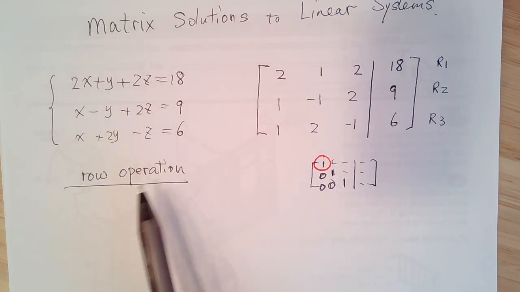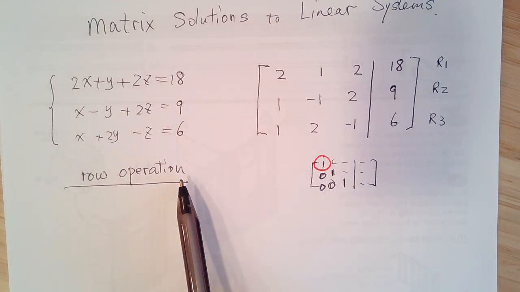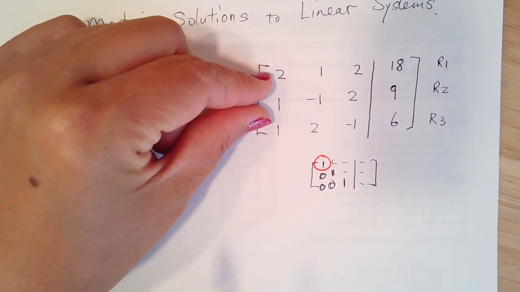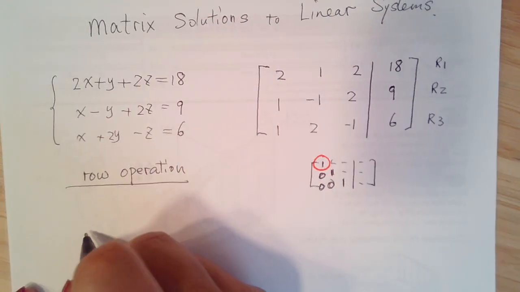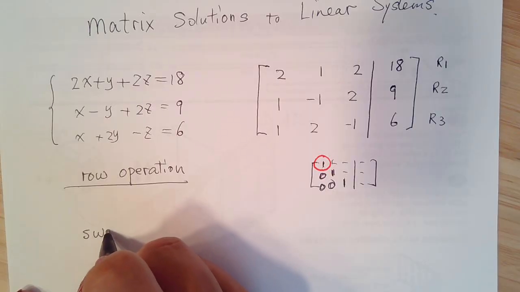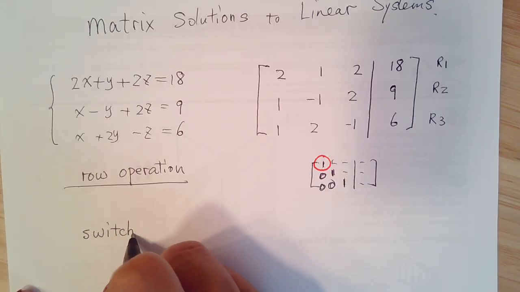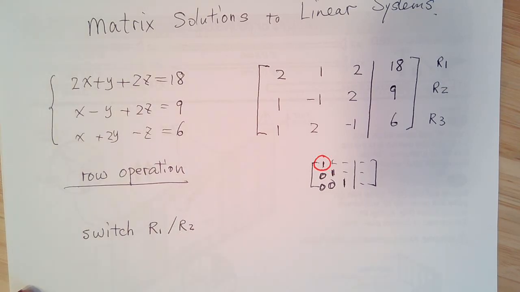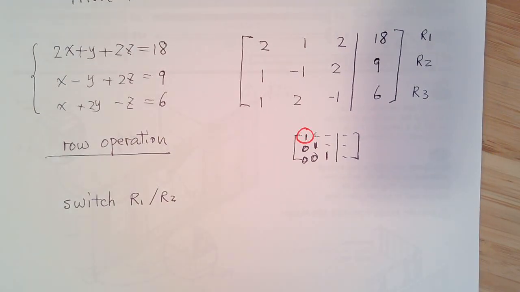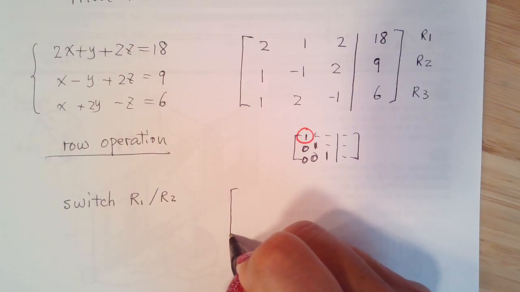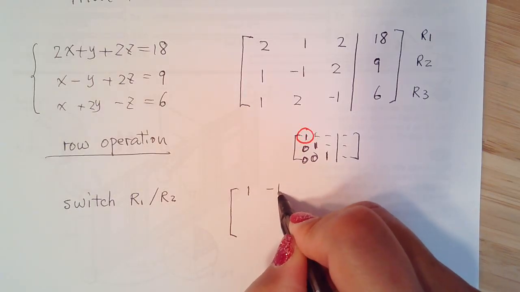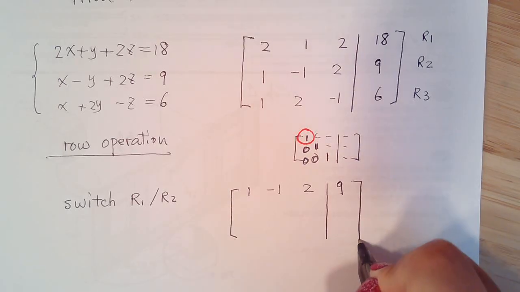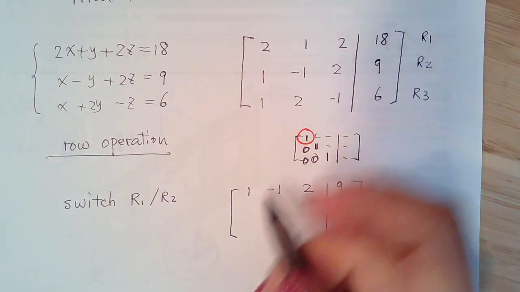However, among the row operations there's one that is a switch, which means you can switch row 1 and row 2. So after you switch that, you're going to have 1, -1, 2, 9, because you switched the rows.